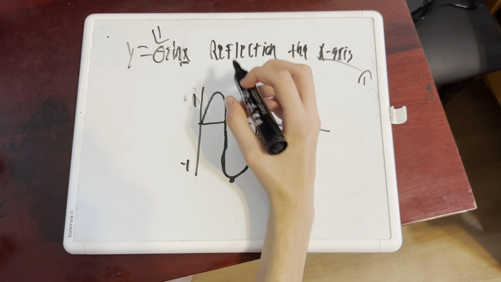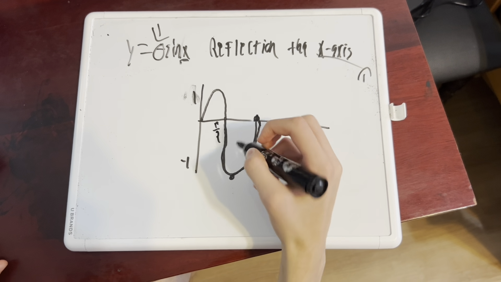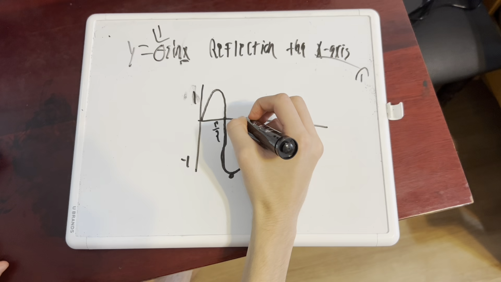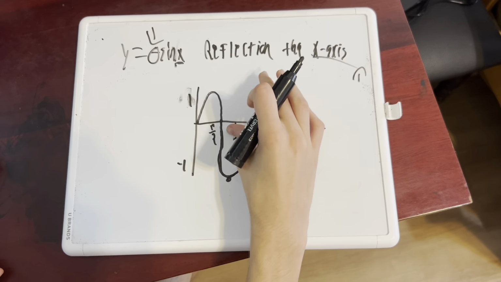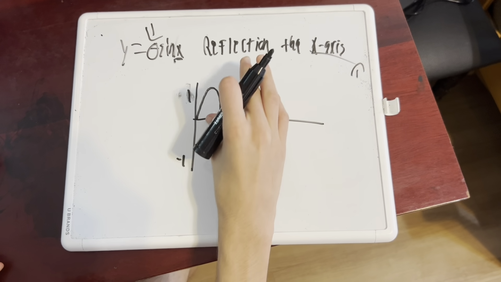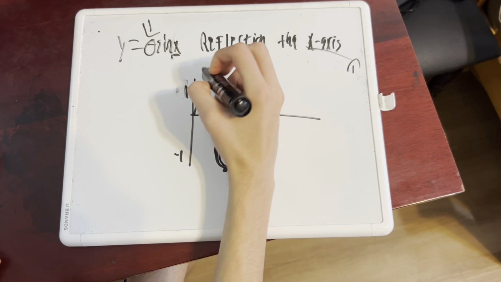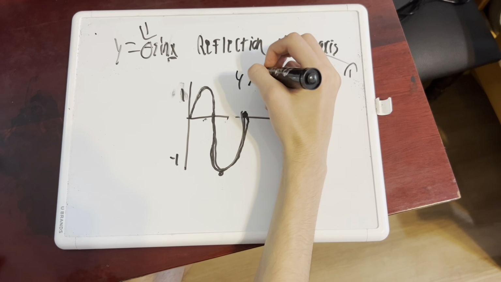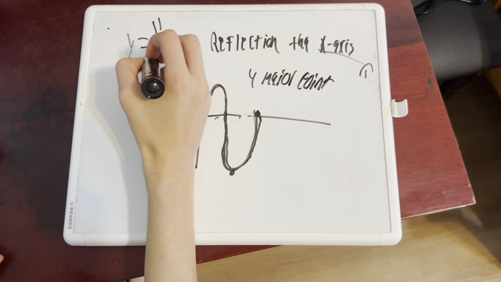And we know this is 0, this is pi halves, and there, 0, pi halves, pi, 3 pi halves, and 2 pi. Remember, this is how the graph looks. You have your 4 major points. But now we have a reflection.